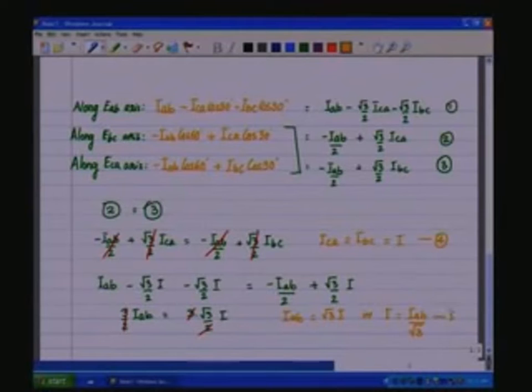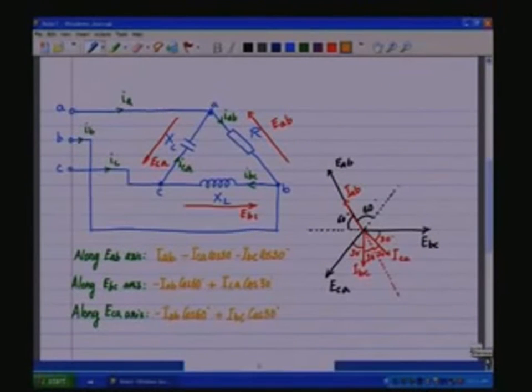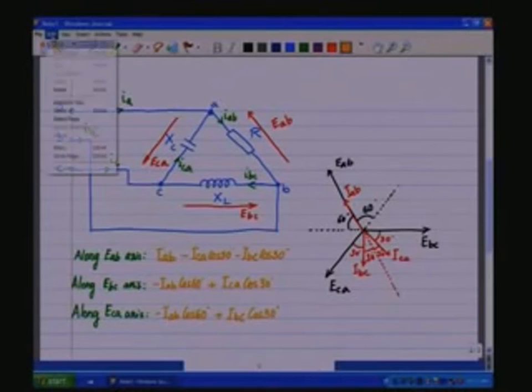This is a nice relationship. Now, using this, what can we gain? If we go back here, let us try to find what should be the values of the capacitive reactance and the inductive reactance.